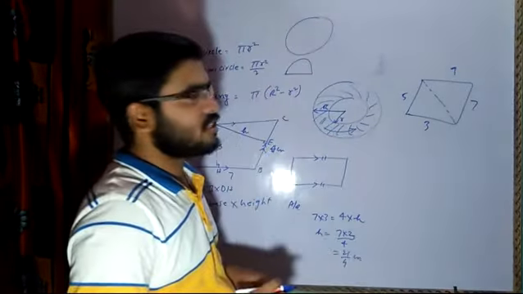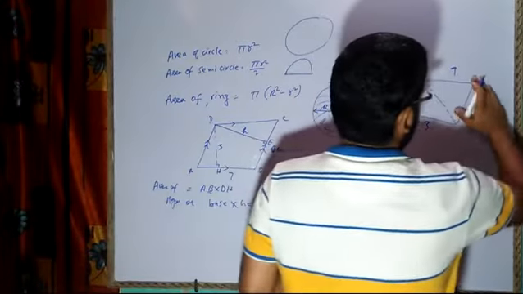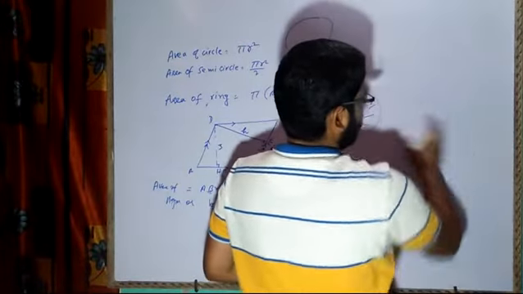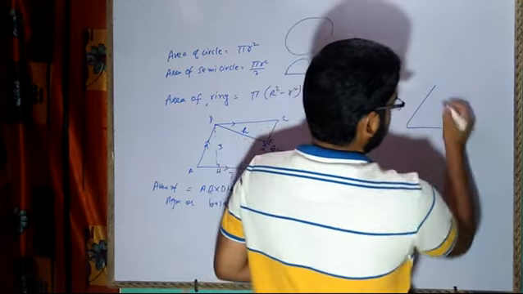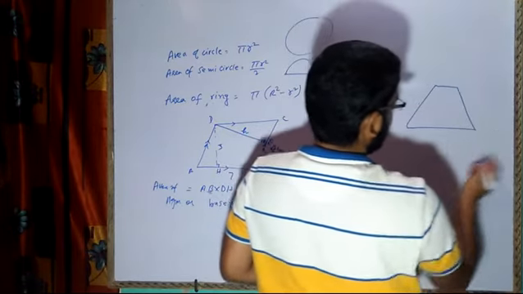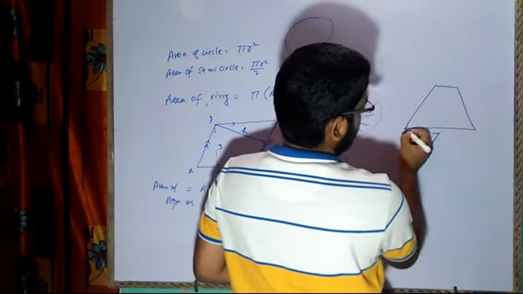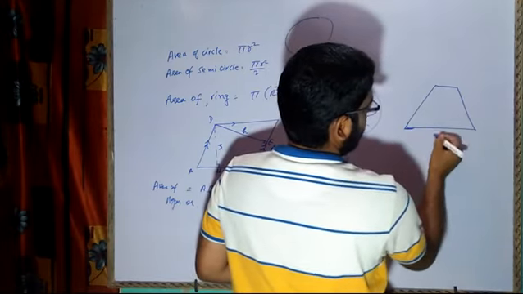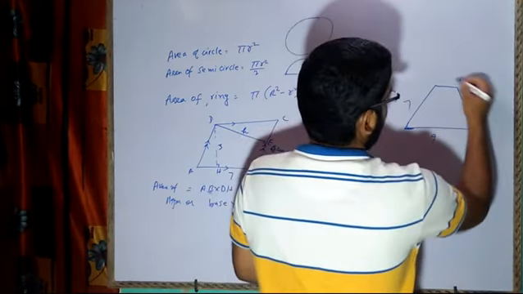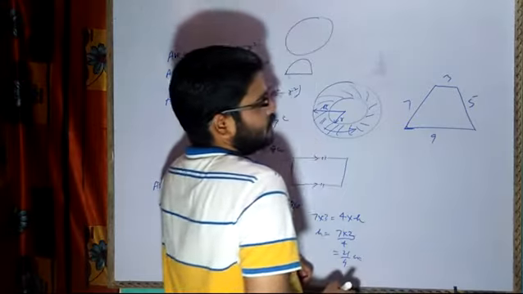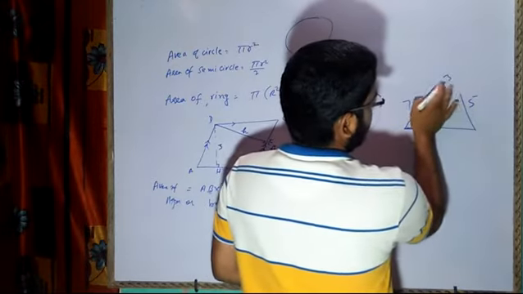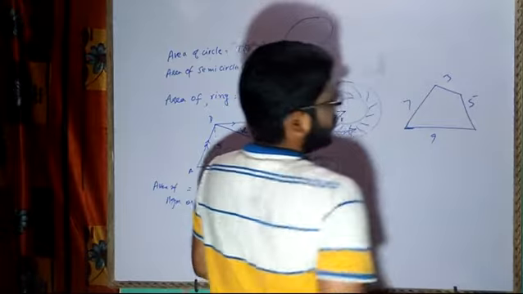Let's take this is a quadrilateral where it is given 5, 3, 7, 9, like this. Now if it is given in this manner, then how are you going to calculate?